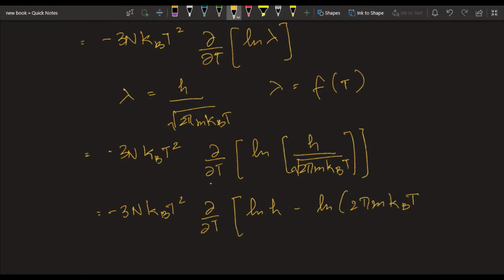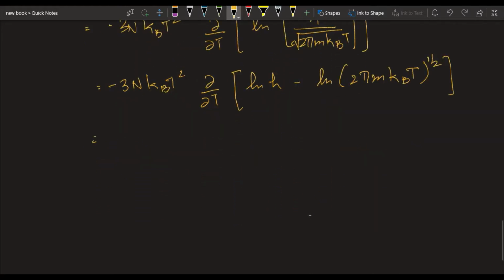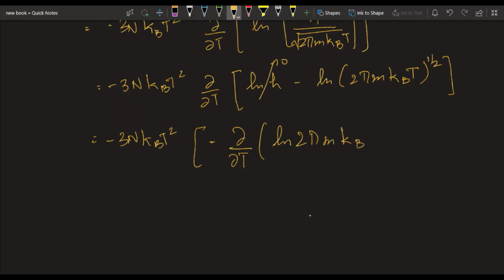This is just simple math. Minus 3n T square. So this term is not dependent on the temperature. This is Planck's constant, so this goes to 0. So we have minus dou by dou T of ln 2 pi m kBT. So we know this rule of exponents for the log function, so the half comes here.